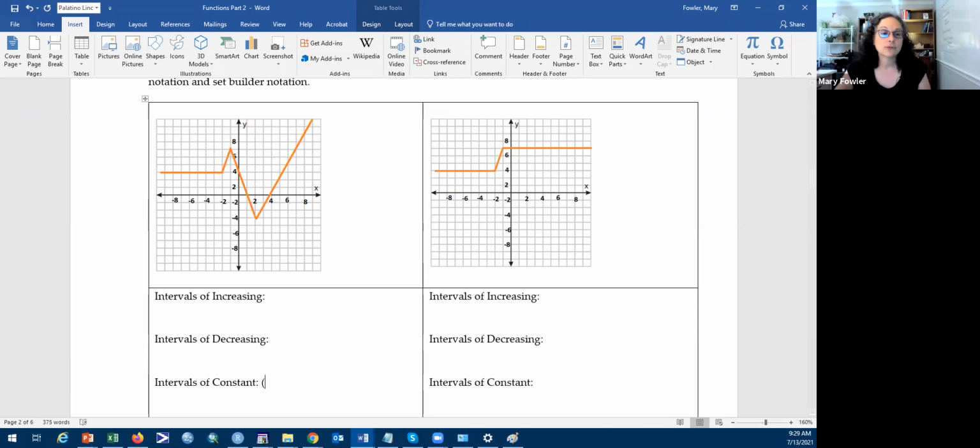So we're going to go from -infinity and then all the way up to -2.